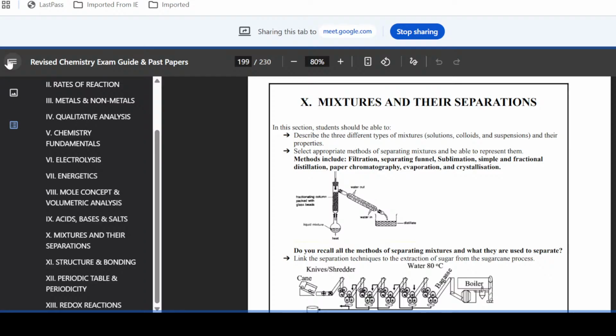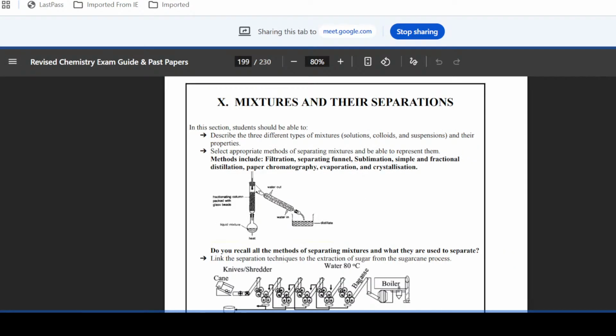All right, so in terms of mixtures and separation, you can be given questions about separating mixtures. So things like filtration, sublimation.